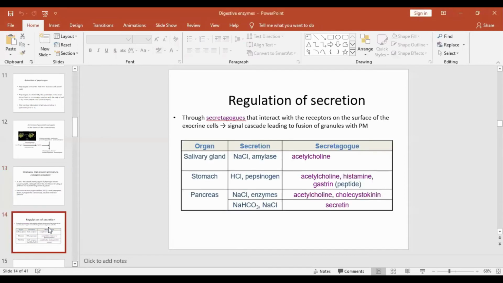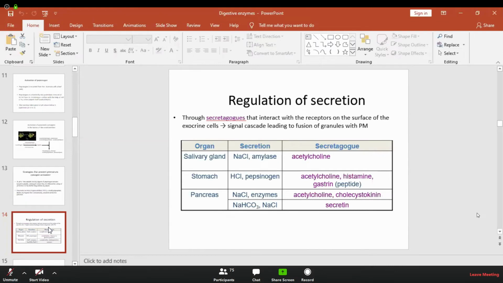The secretion of these digestive enzymes should be regulated. At the time of requirement they should be synthesized in larger amounts, and when they are not required, in the rest phase of digestion, their secretion should be slowed down.